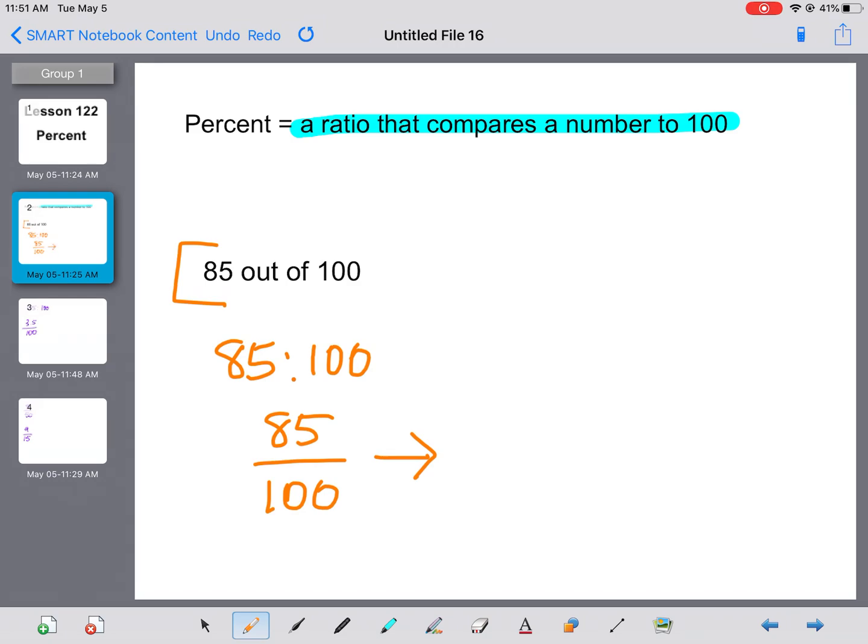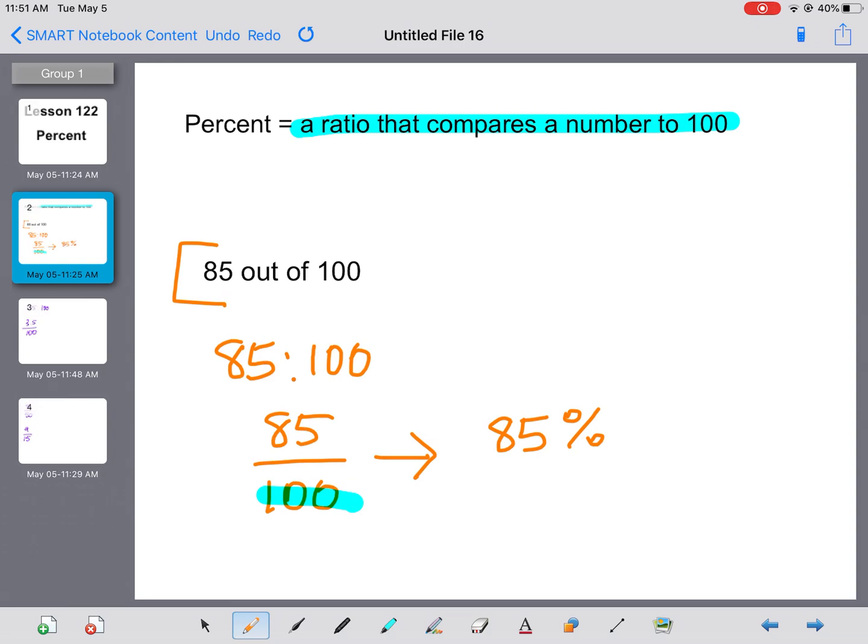Since I made this test out of 100 points, it's very simple to convert it to a percent. Anytime you have a ratio that compares a number to 100, all you have to do to write it as a percent is take the number you're comparing to 100 and put a percent sign behind it.